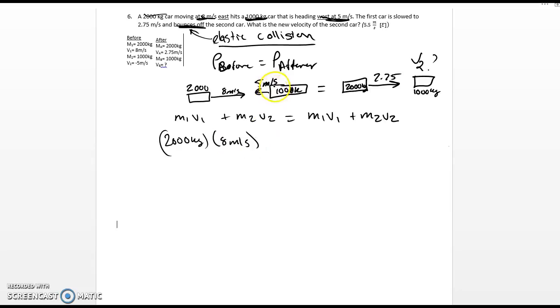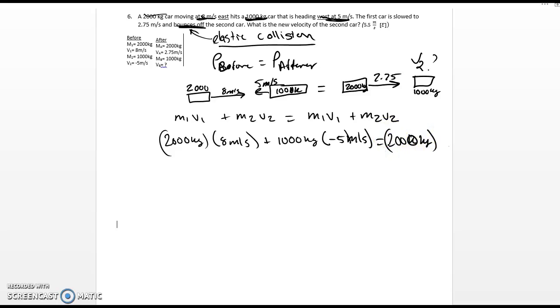And since the velocity of the second car is going in the opposite direction, it's going to be negative. So I have plus 1,000 kilograms times a negative 5 meters per second, is going to equal 2,000 kilograms, the mass of the first one.